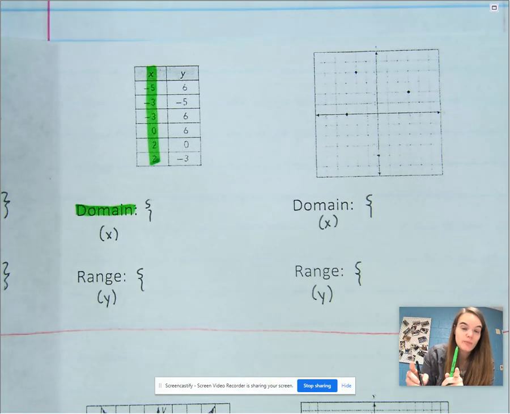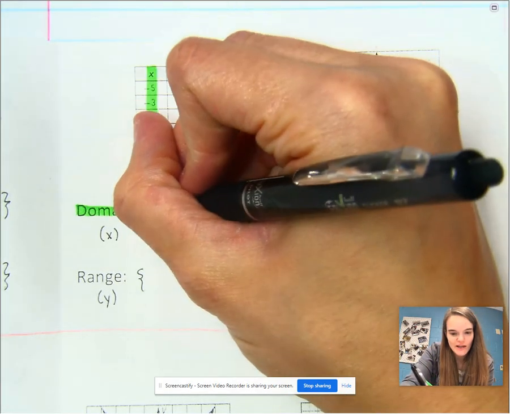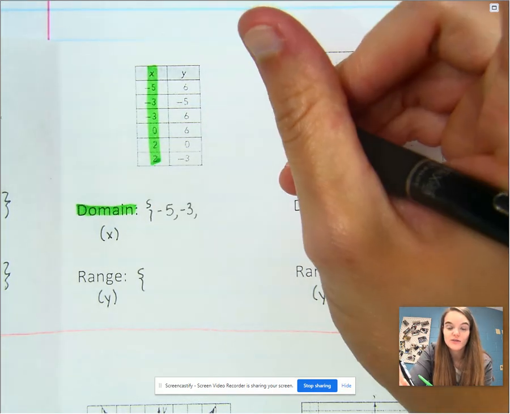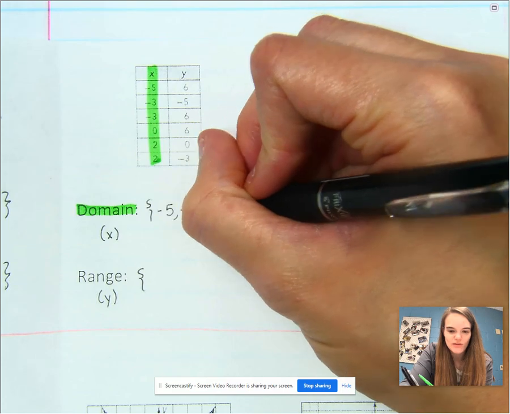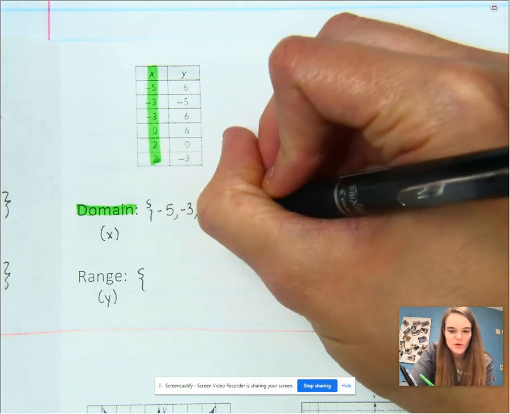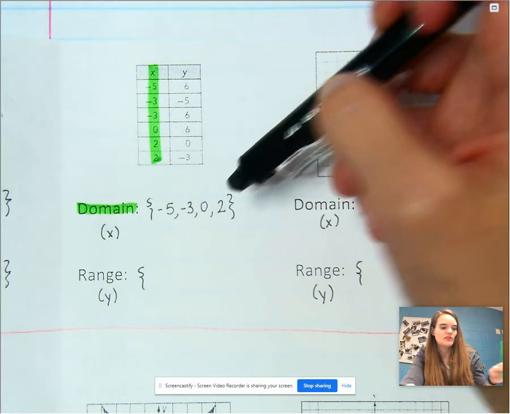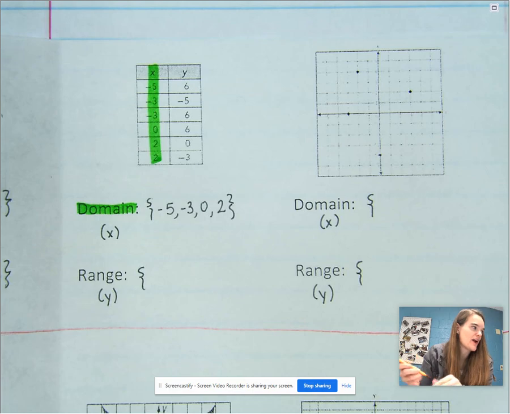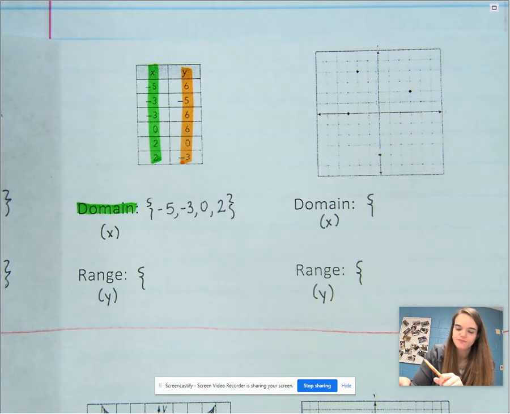Now, if you did pause it, thank you. If you didn't, pause it now. But the domain and the range, I'm just going to write them down, but you do not repeat values. See how it's -3 and -3? I only need to write that once in the domain. So if you wrote it twice, because I didn't tell you that before you started, erase the second -3 and the second 2. For domain and range, you only have to write it one time, no matter how many times it's there.